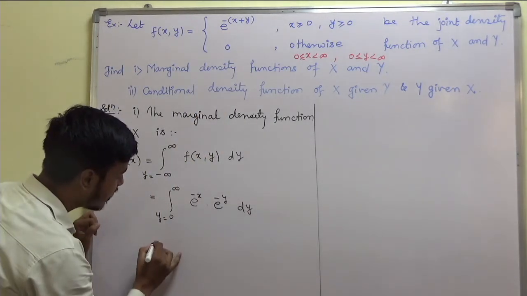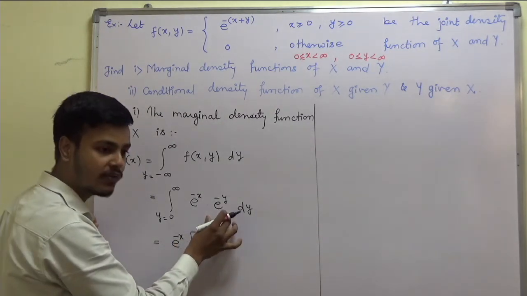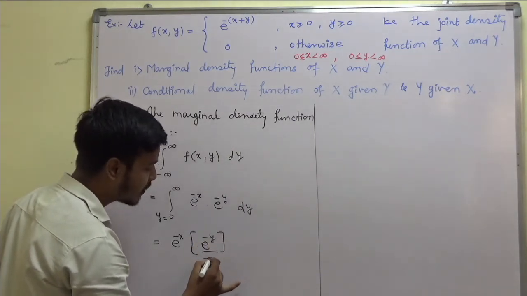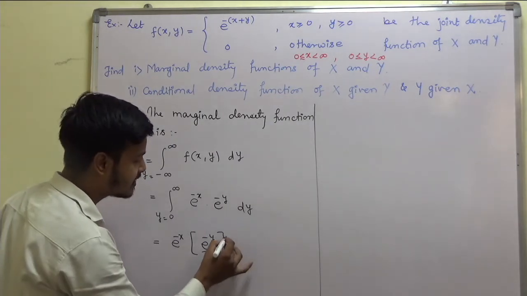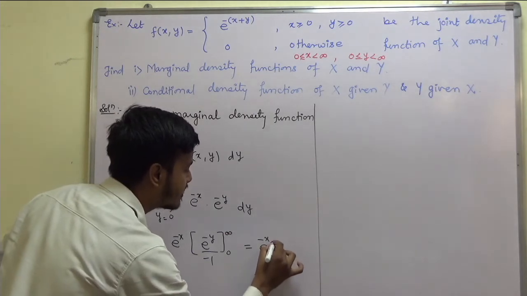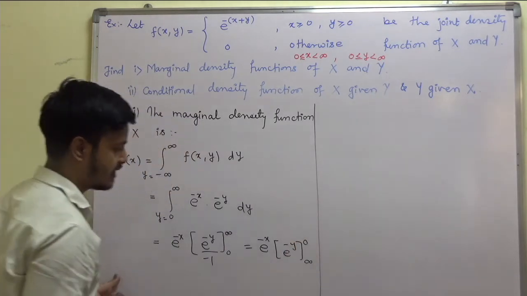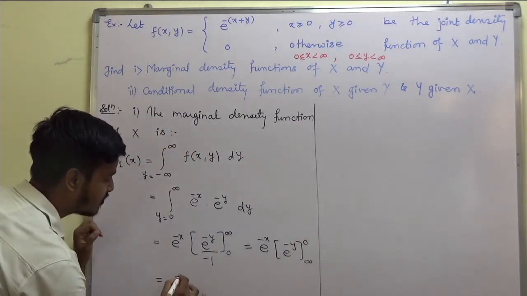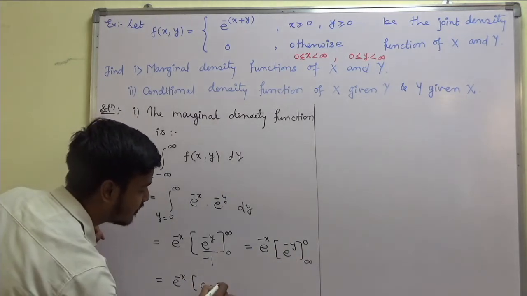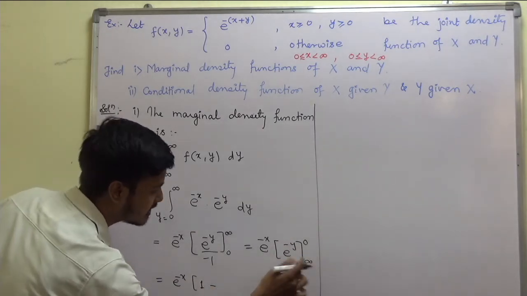Now let us integrate it. So e to the power minus x is constant. Integration of e to the power minus y is e to the power minus y divided by the coefficient of y, that is minus 1, with limits 0 to infinity. So this is e to the power minus x into e to the power minus y from infinity to 0. So this is e to the power minus x, e to the power 0 is 1, minus e to the power minus infinity, which is 0.